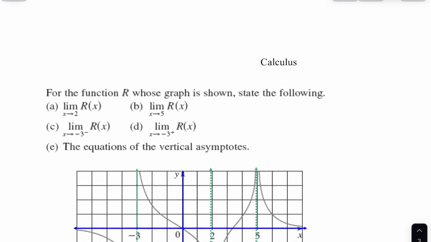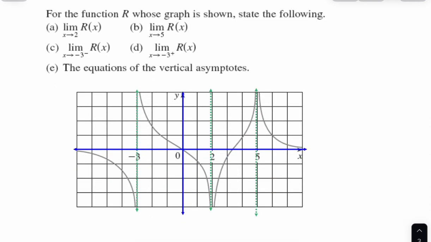Now let's jump to this picture. And let's go through these limits, okay? So the first one says, we've got this function r. What is the limit as we approach 2? So here is a vertical asymptote at 2, at -3, and at 5.